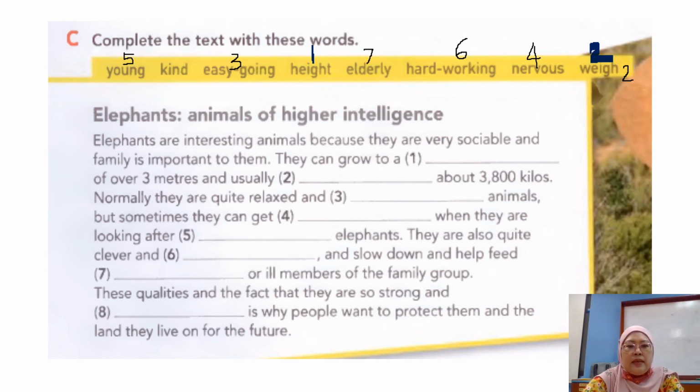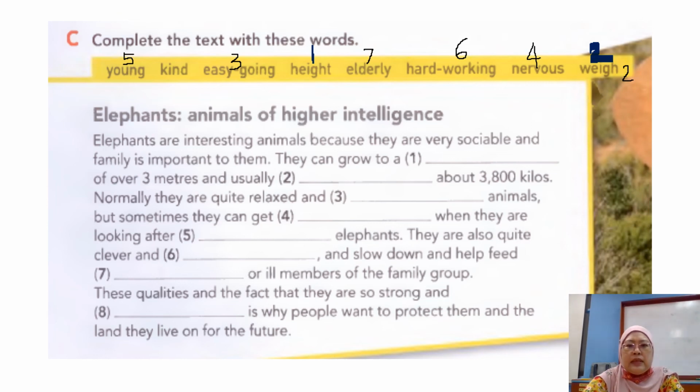Number 8. These qualities and the fact that they are so strong and what is why people want to protect them and the land they live on for the future. I think I've made a mistake. So this should be strong and hardworking, isn't it?